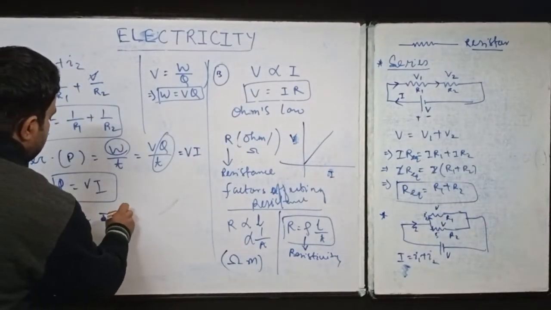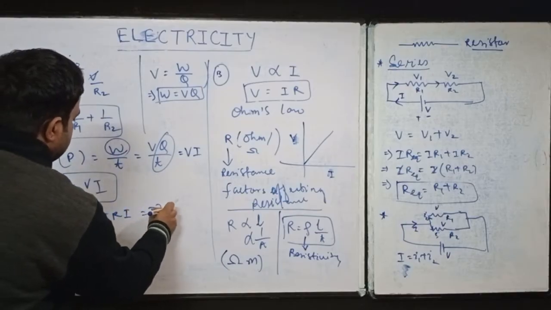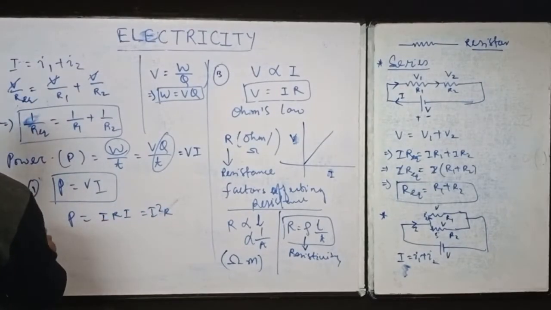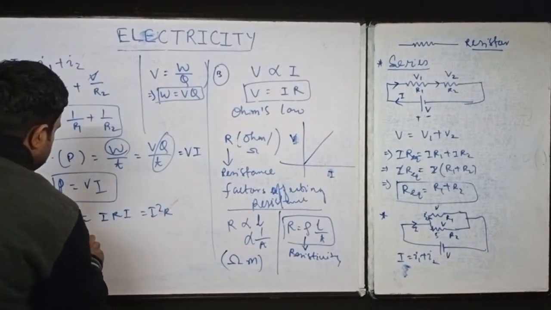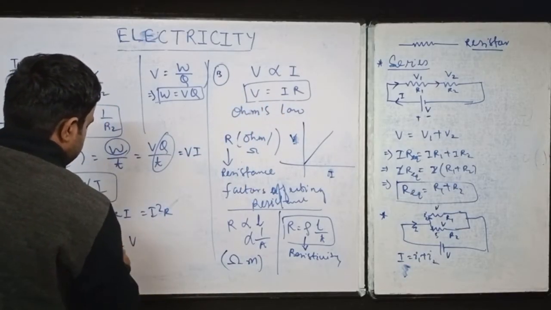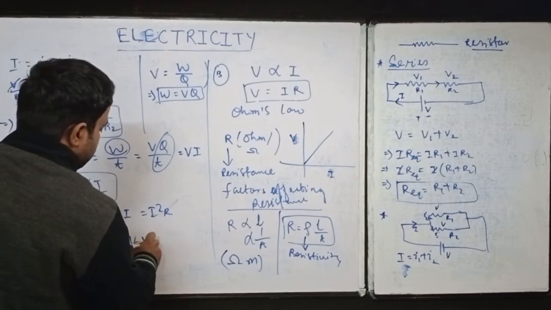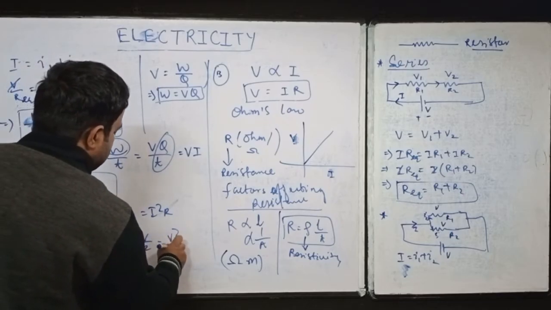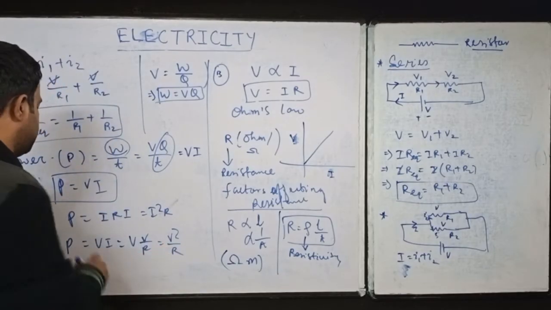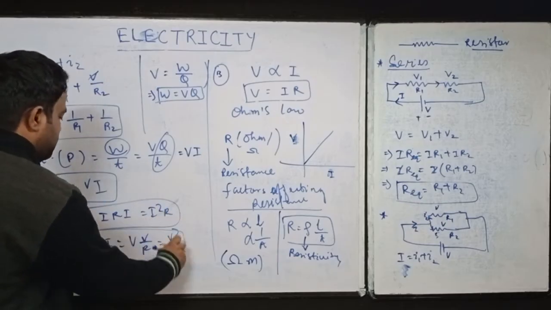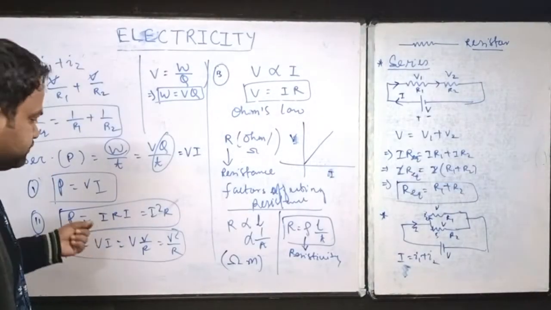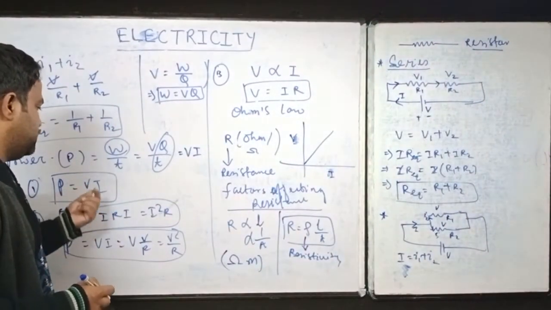So I can write IR into I, so it becomes I square R. So power is I square R. And another formula you can write, P equals VI, so I equals, from Ohm's law again, V upon R. So this is V upon R times V, or V square upon R. So another formula is P equals V square upon R, P equals VI, P equals I square R. So three formulas I have written for power, and the unit of power is of course watt.